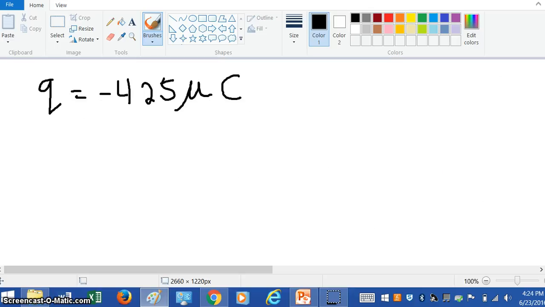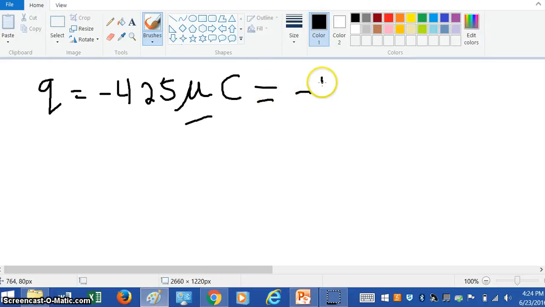All right, so let's do at least one more example here. Let's say now Q is negative 425 microcoulombs. Notice we have the symbol micro here. Micro is a metric prefix, so we really can't use that in the calculation. We need to change micro into a numerical value.